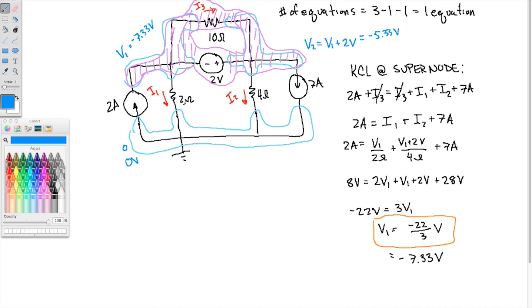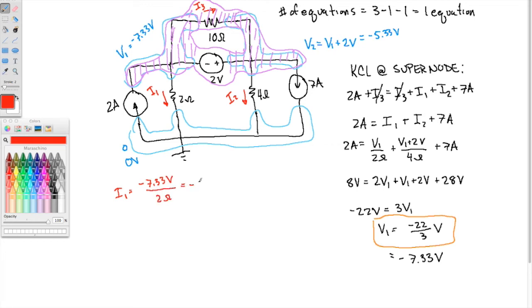Okay, we could use Ohm's law to get the currents. For example, if I wanted I1, that would be the voltage here, negative 7.33 volts minus 0 over 2 ohms.